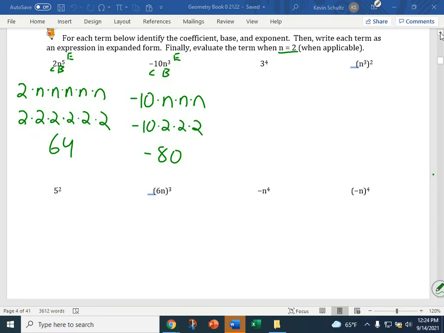What is our base here? Drake. N is a base, but so is n cubed, right? Because both of those, n and n cubed, are attached to a power.